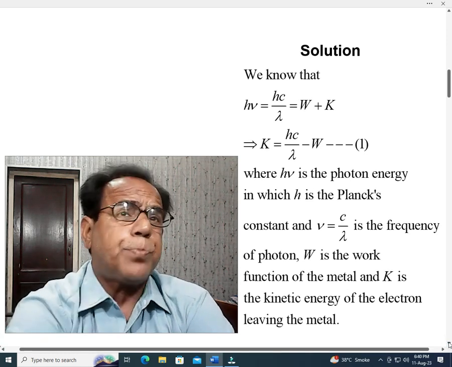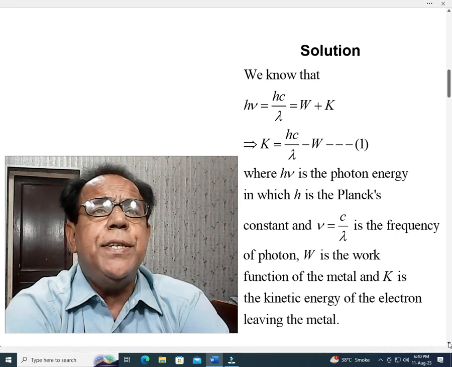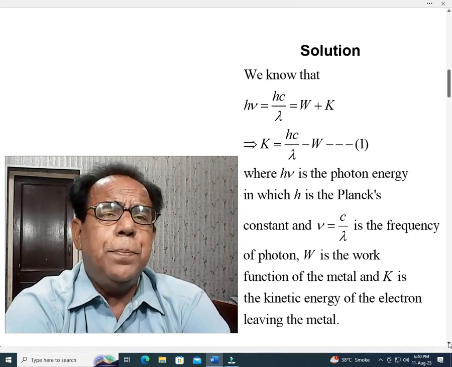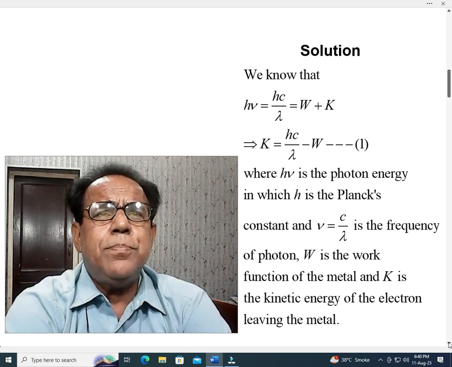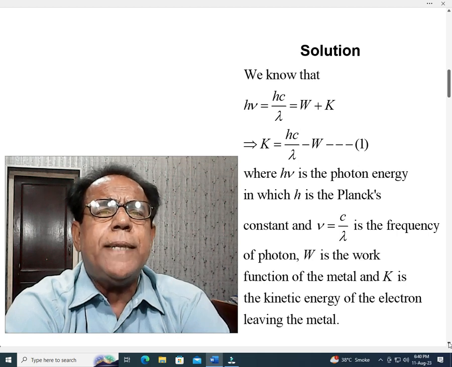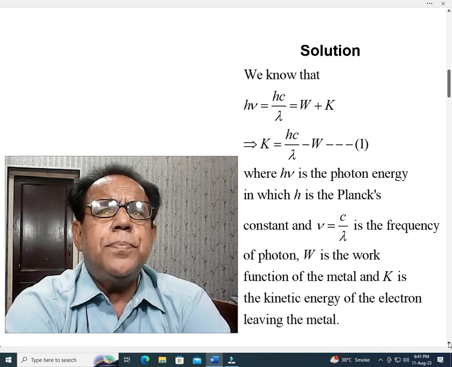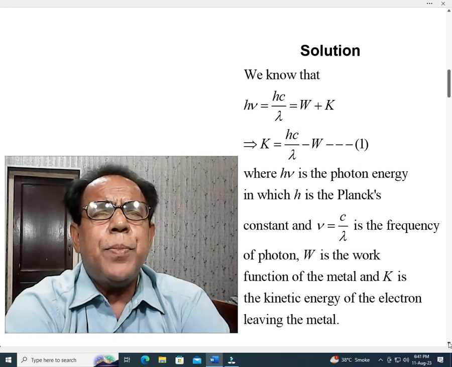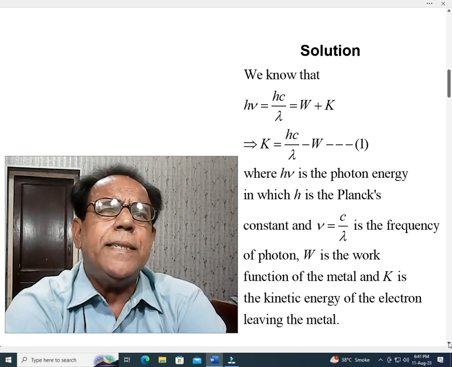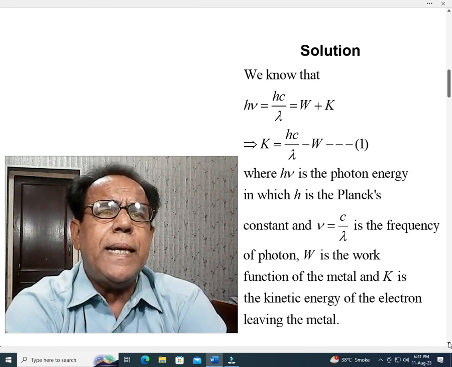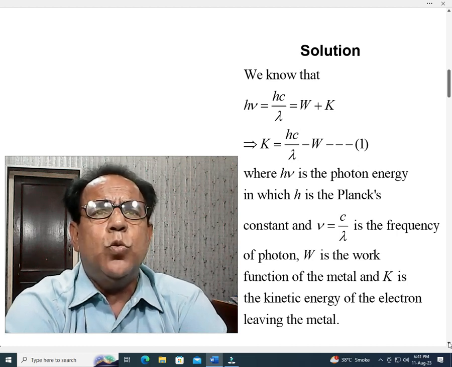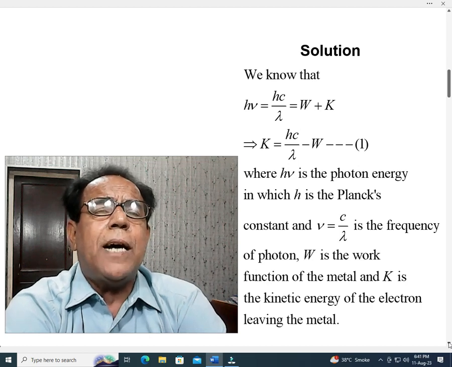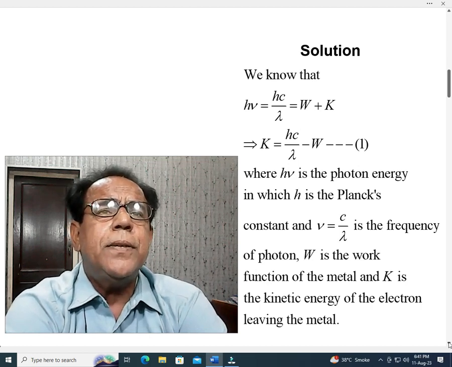Solution. We know that h nu, this Greek letter is called nu. Usually the symbol nu and the symbol phi perhaps look similar. Anyhow, this is the nu symbol. Its capital case is capital N and small case is this V-like symbol. We know that h is Planck's constant and nu is the frequency.